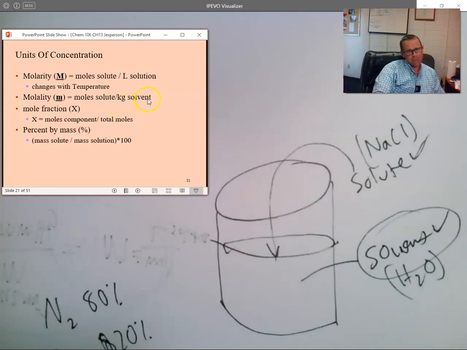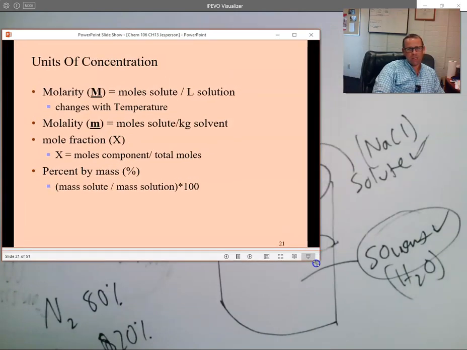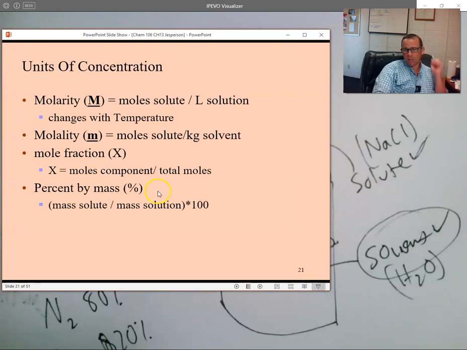It doesn't seem to be a very friendly way of expressing concentration, but it turns out to be the way that you relate certain parameters, boiling point or freezing point, for example, are expressed in terms of molality.